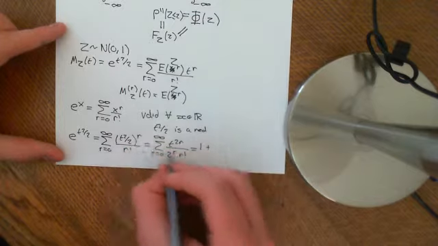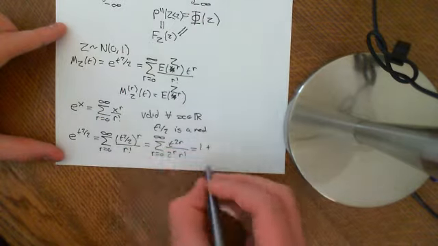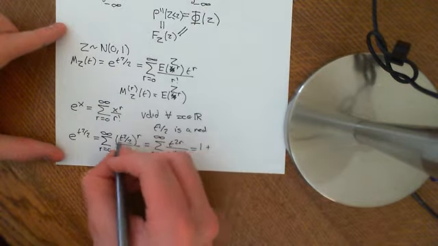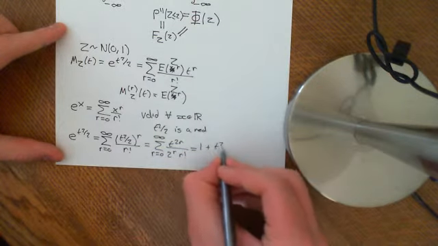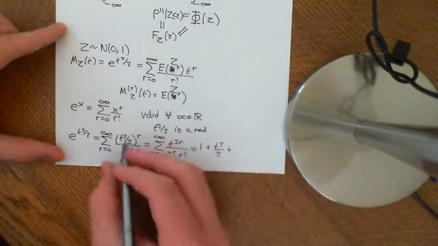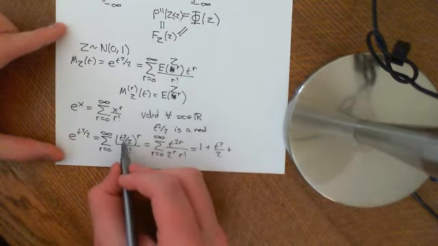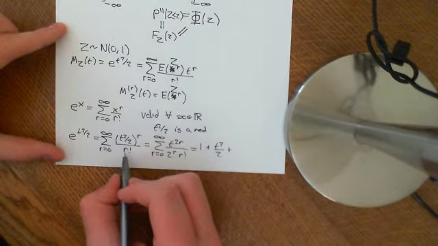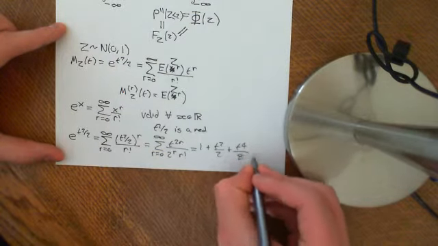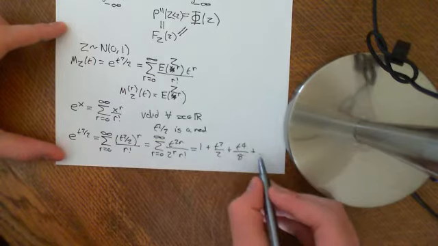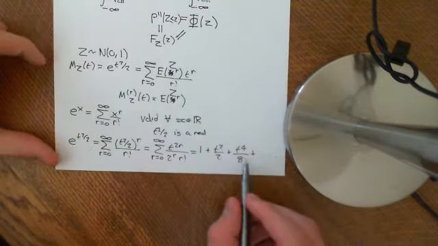When r is equal to 1, you get t squared over 2 over 1 factorial, which gives you plus t squared over 2. When r is equal to 2, you get t to the 4 over 4 over 2 factorial, so you get t to the 4 over 8, and it goes on. It is important that you only get the even powers here.